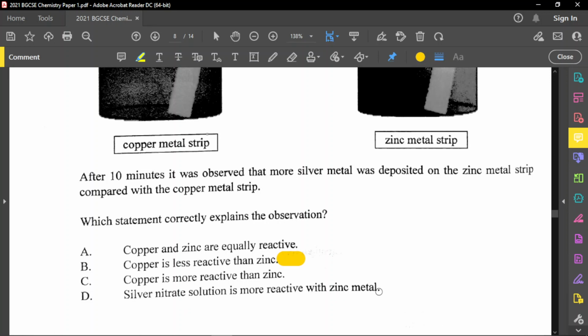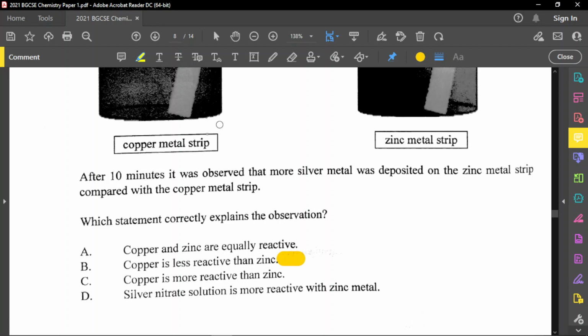All right. So if you look at B and D, you may think that they say the same thing, because if you think about it carefully, saying the silver nitrate solution is more reactive with zinc is saying that copper is less reactive than zinc, because zinc is where you have more silver deposit formed. But if you look at D, it is not a correct statement in chemistry at all. You can't say the silver nitrate solution is more reactive because that doesn't really work.